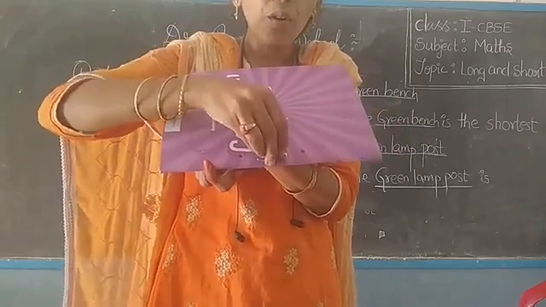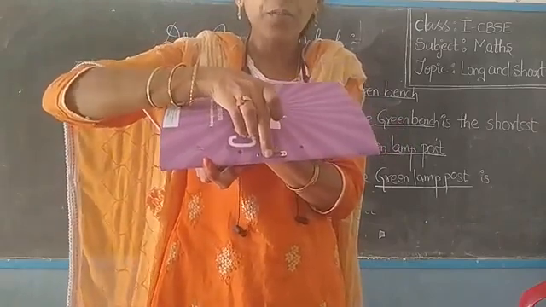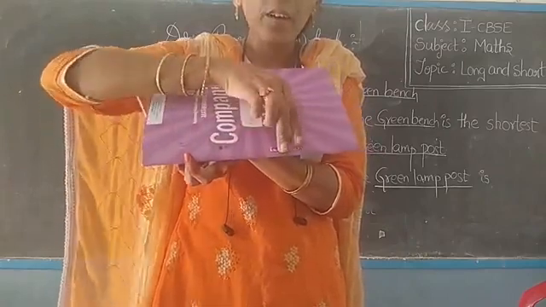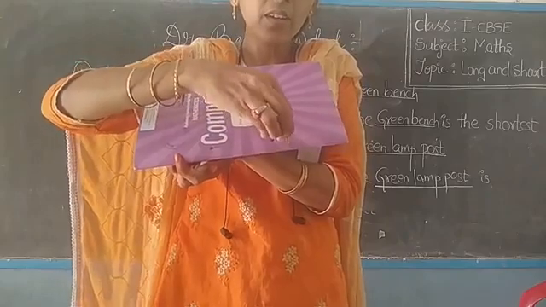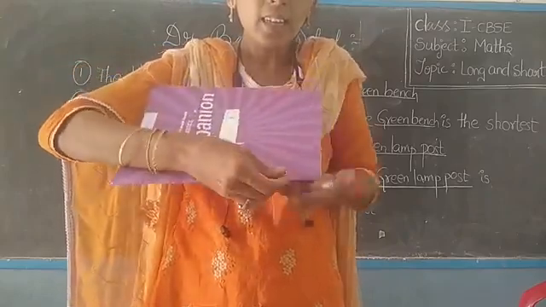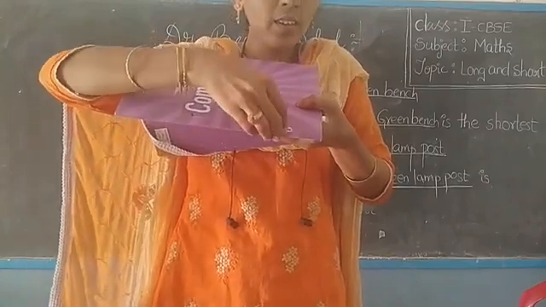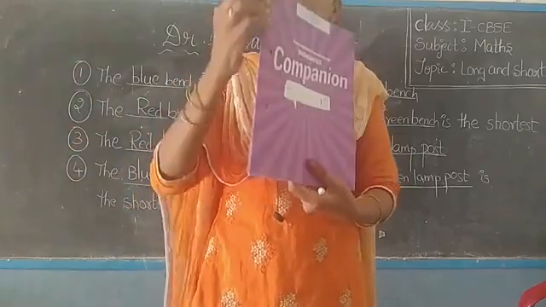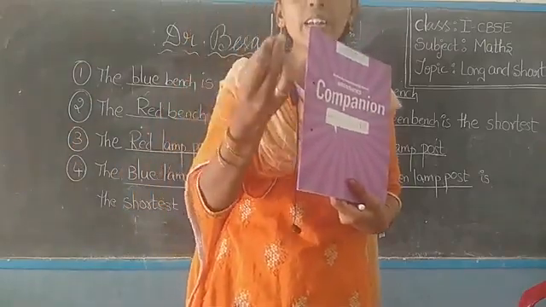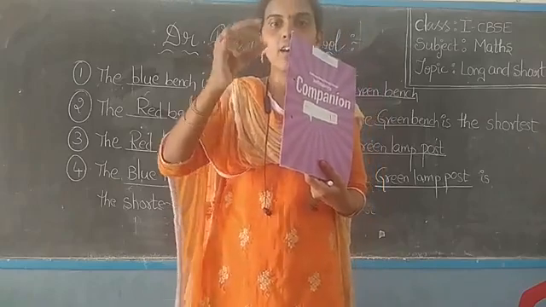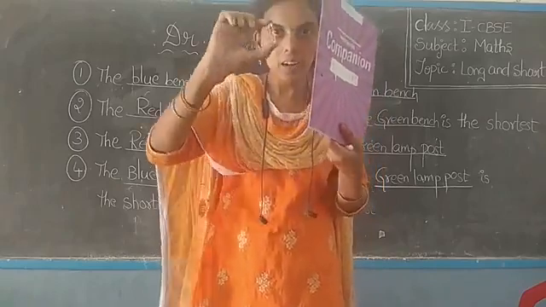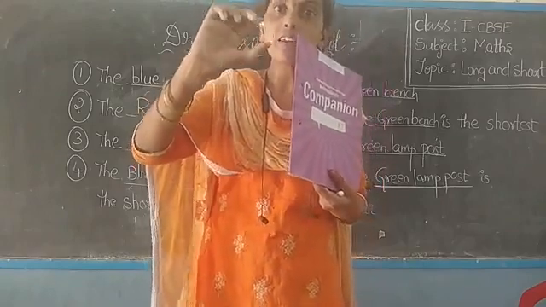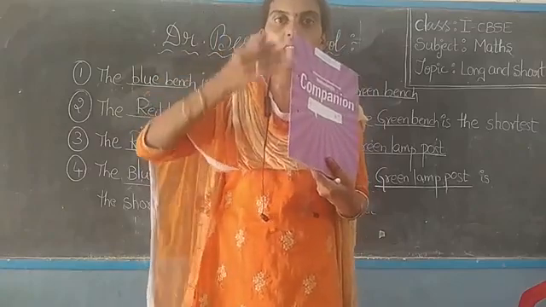Again 4, and after that 5, 6, and 7. So in order to measure the length of this book, I got 7 safety pin lengths. The length of this book, when measured with this safety pin, is 7 pins.